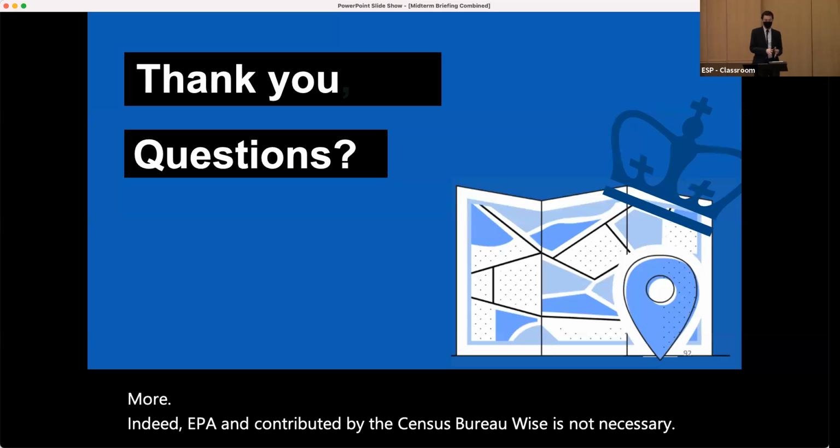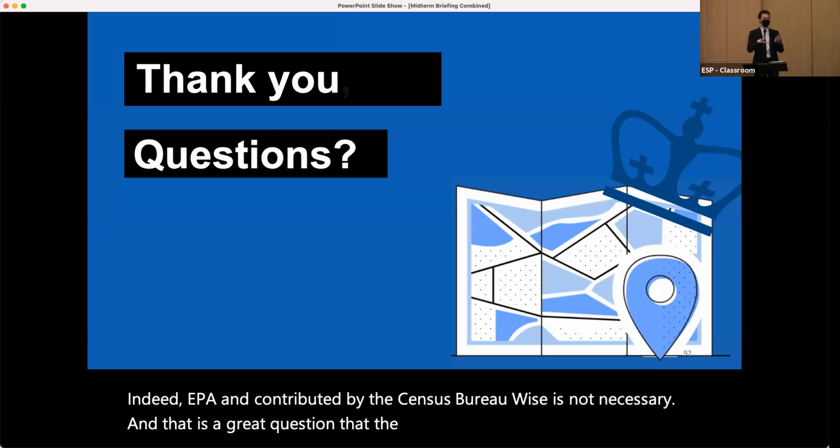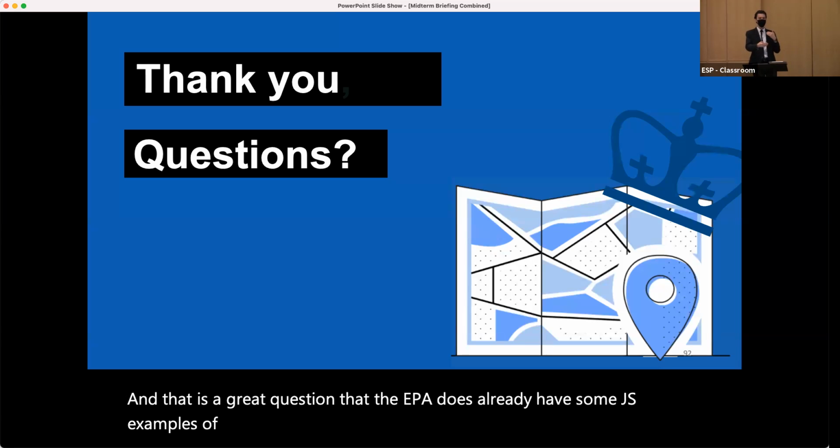And that is a great question because the EPA does already have some GIS examples of maps that you can use to layer these specific variables.